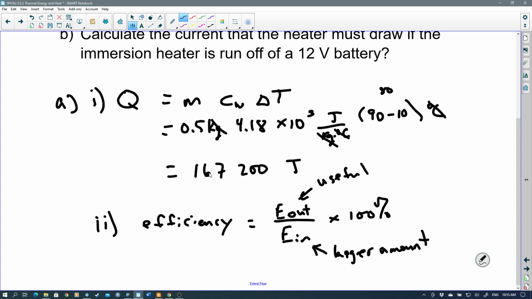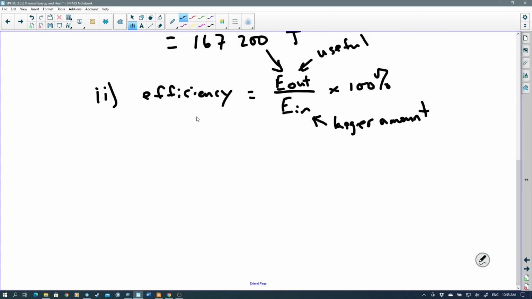So this 167,200 is our useful energy. That's how much energy we're getting out of this scenario. But we're going to have to put more energy than that in there. So in this case, we know the efficiency is 65%. We're trying to find how much energy is going in. So can we rearrange this equation to get our E in all by itself?